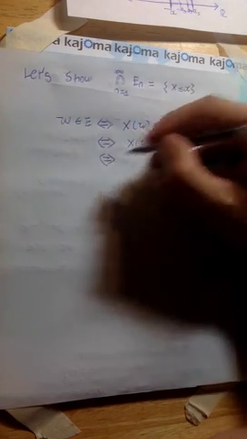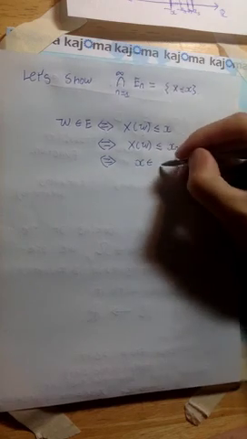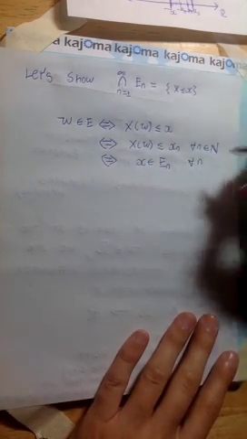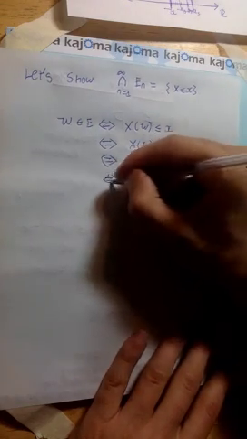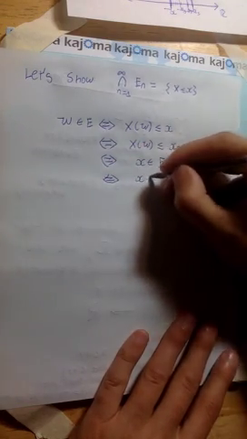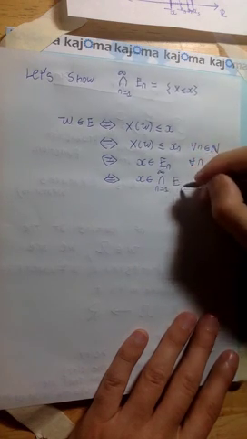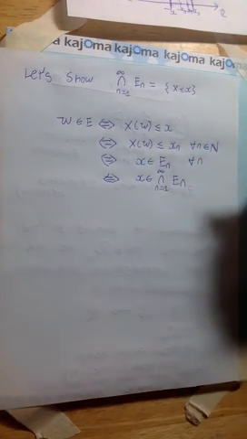But this is the same as saying that ω is in E_n for every n, which is equivalent to saying that ω is in the intersection from n equals 1 up to infinity of E_n.